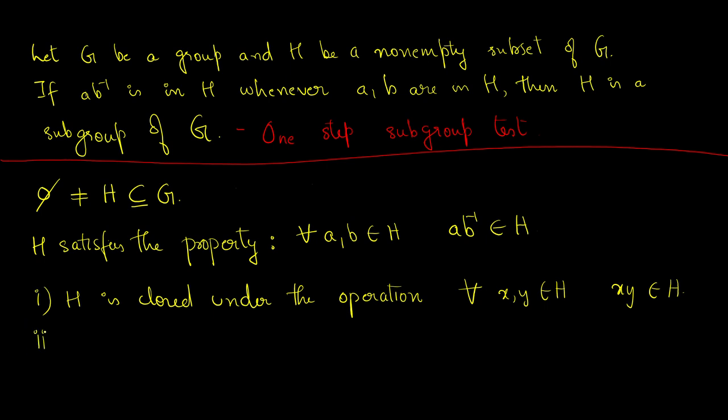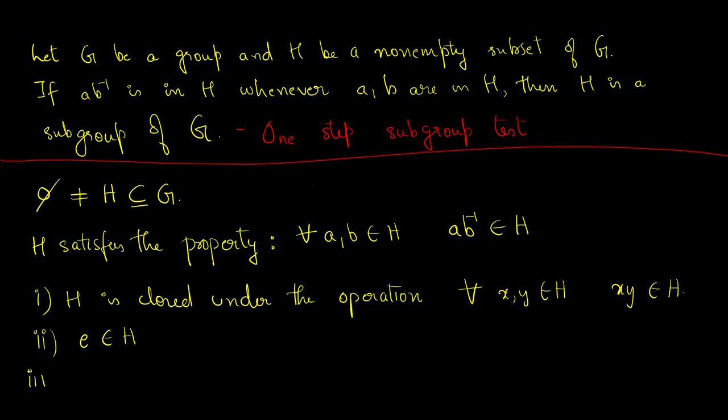Then, since the operation is coming from the group G, by definition it is associative, so we need not verify that. Next we have to check that the identity element in the group G is also present in the subset.